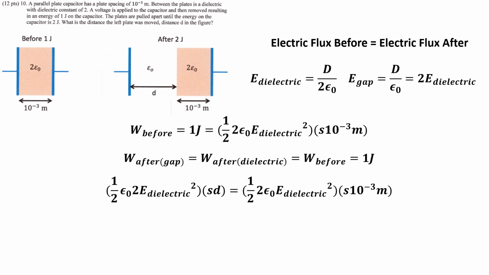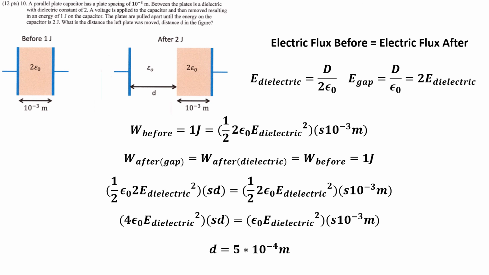Once we equate these equations, we have 4 epsilon naught times the electric field of the dielectric squared S d equal to epsilon naught times the electric field of the dielectric squared S times 10 to the negative 3 meters, to get d equal to 5 times 10 to the negative 4 meters.